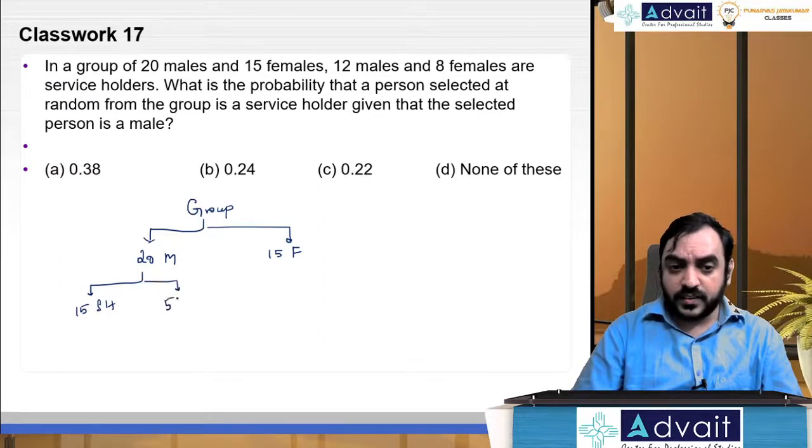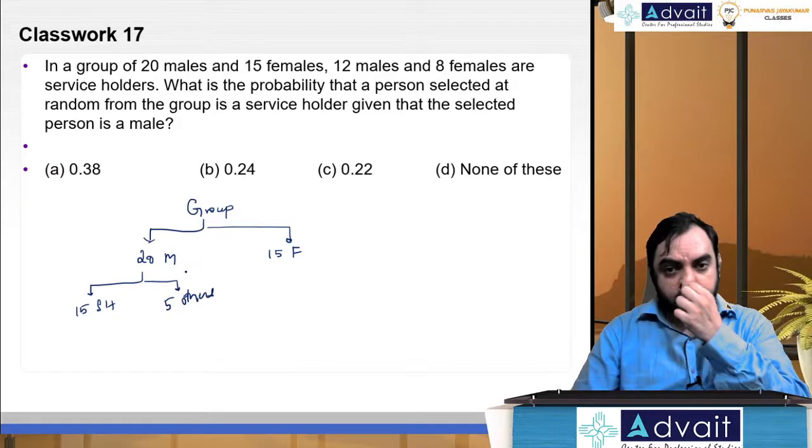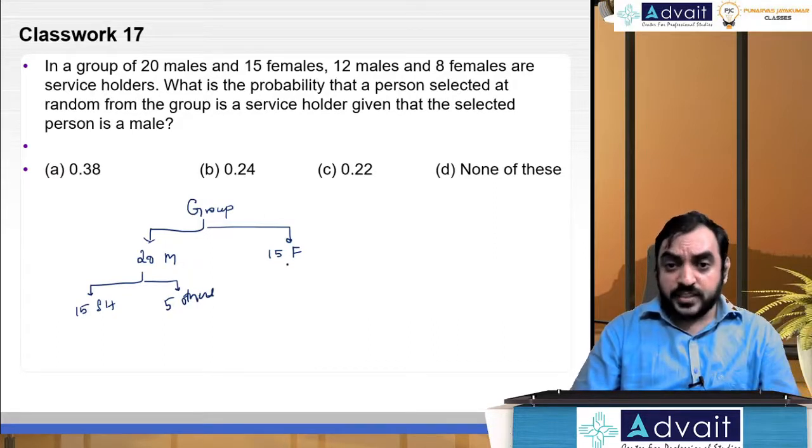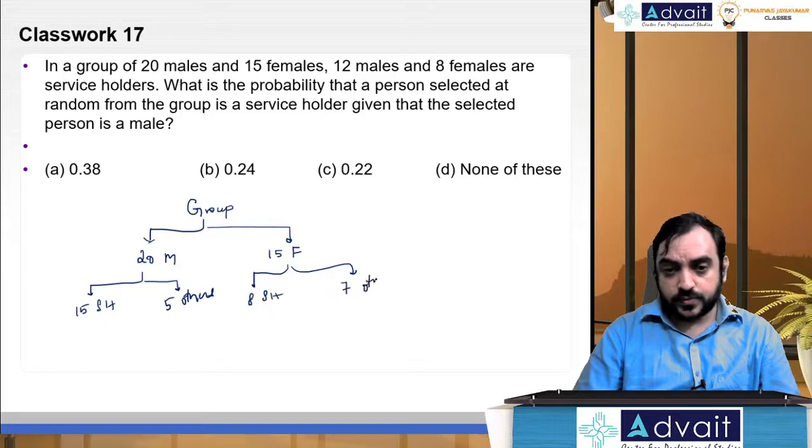Remaining 5 are others, not service holders. And in females, in 15 females, 8 females are service holders and the remaining 7 are others.